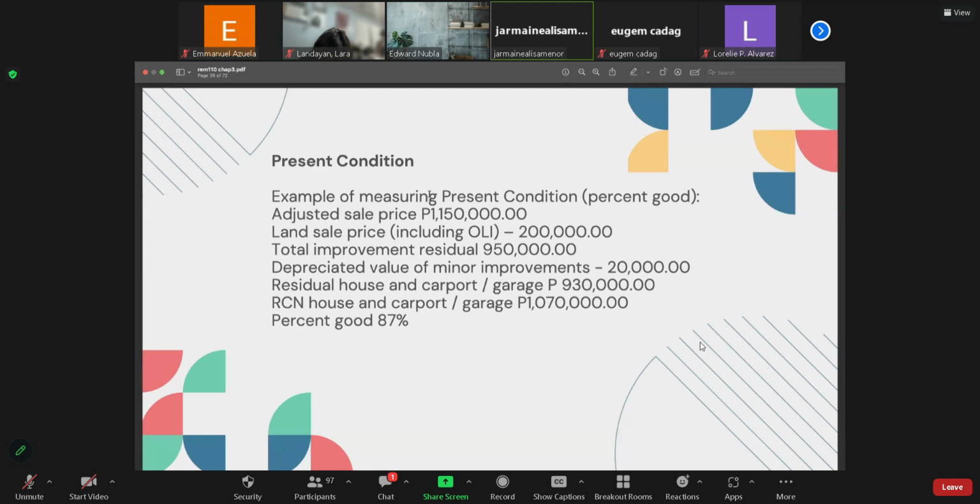Divide the residual house and garage value by replacement cost to arrive at the present condition indicated by the market. So here, the present condition is 87% good in this example. It represents the remaining percent good of the improvement after the market has accounted for physical depreciation and functional and external obsolescences.